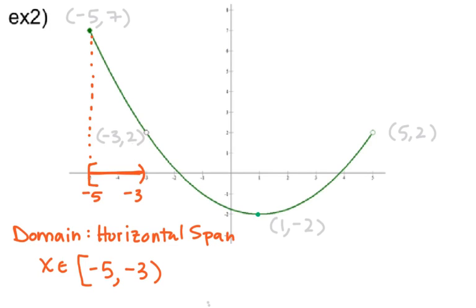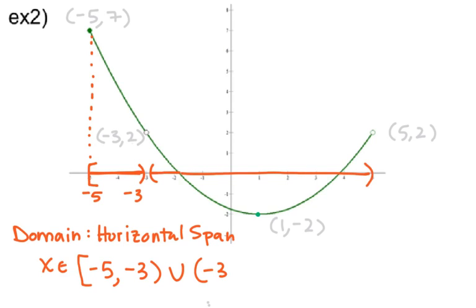Now, since I have one interval and I need to connect it to the next interval, we're going to draw a union symbol. So continuing along, I'm going to start back at -3. And of course, we can't equal -3 because there's a hole. So I'm going to draw a parenthesis there. And we continue along our curve. As we continue along our curve, we do not reach any more holes until we get to our stopping point, which is at x equals +5.